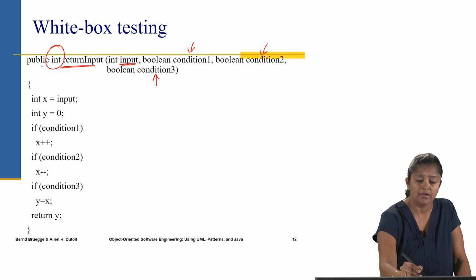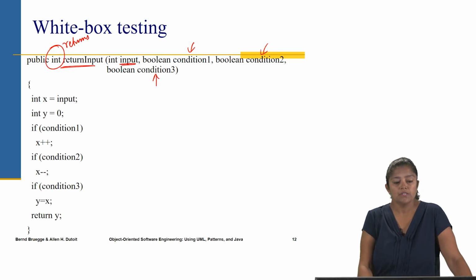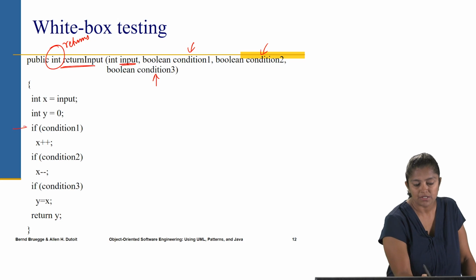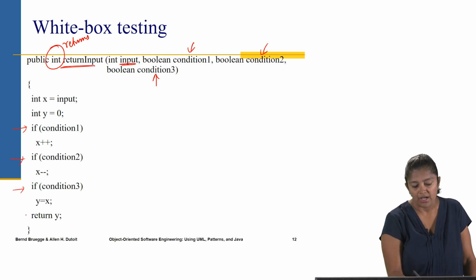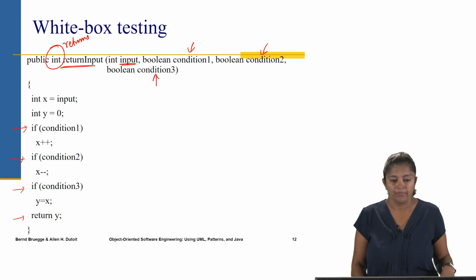And this method returns an integer as the output. Inside the method, you'll see that there are 3 if conditions. If condition1, do something; if condition2, do something; if condition3, do something, and then finally return y. That's how the method is written.